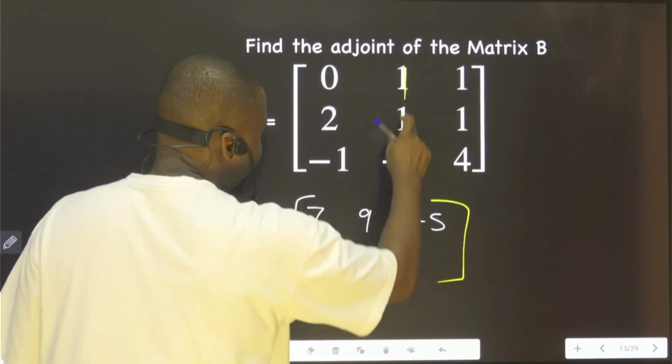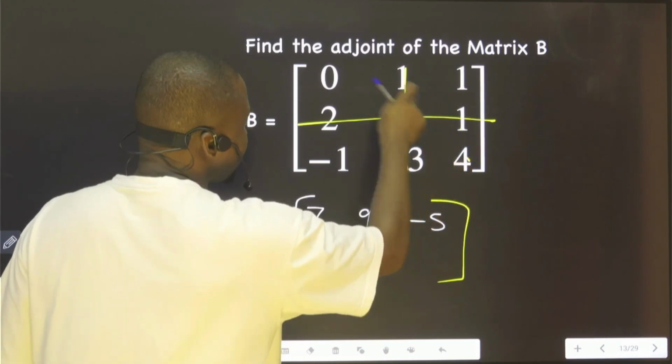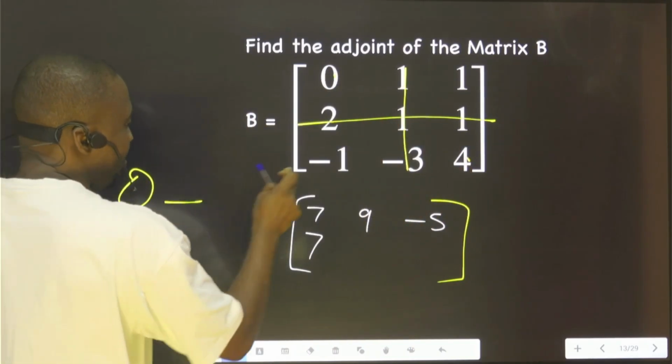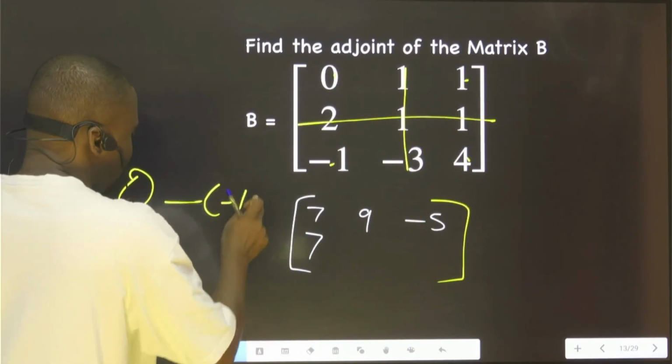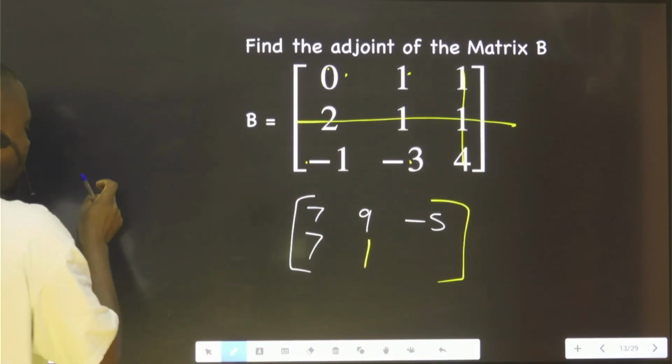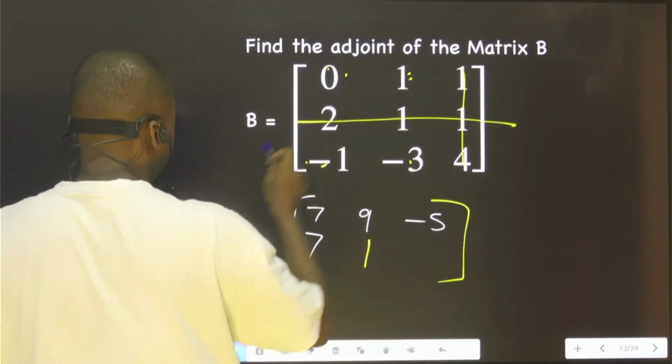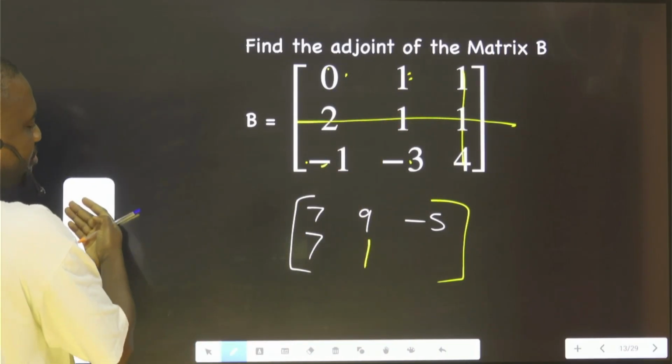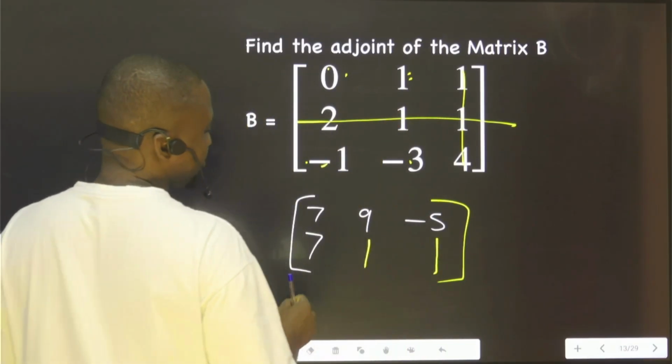Let's go for this. For the center one, 0 minus 1, that is 1. This and this will produce 0 minus 1, that is 1.